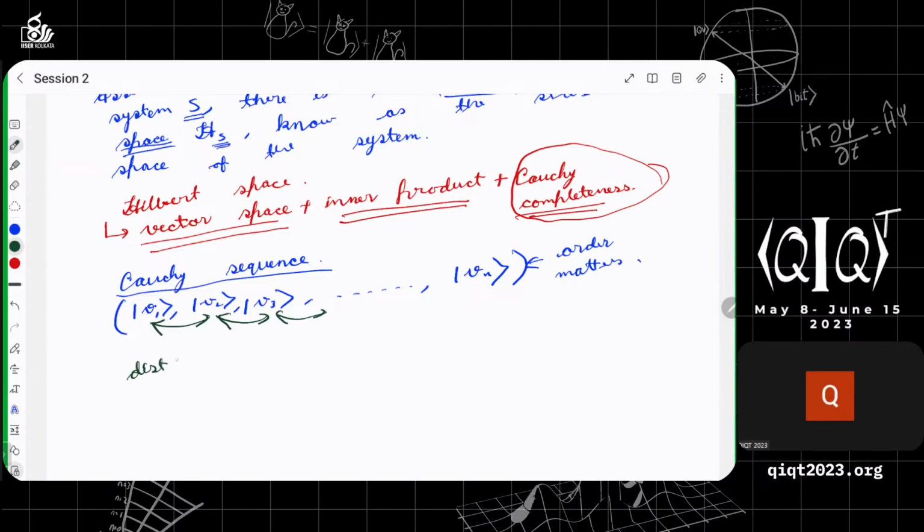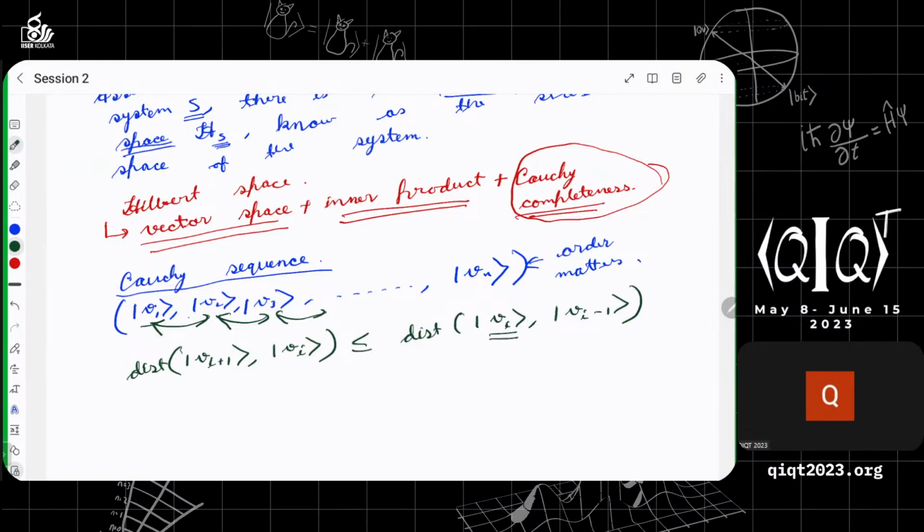In other words, the distance between Vi plus 1 and Vi is less than the distance between Vi and Vi minus 1.